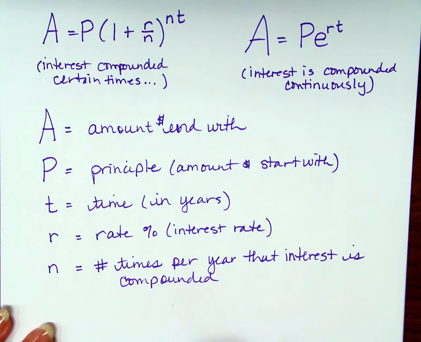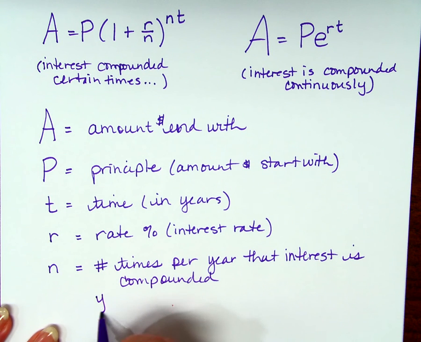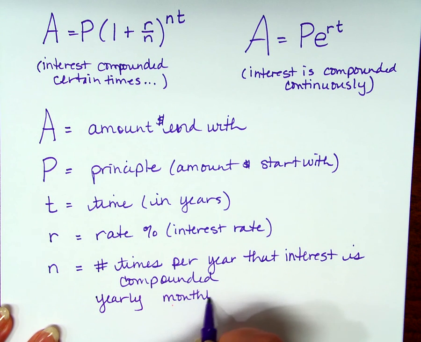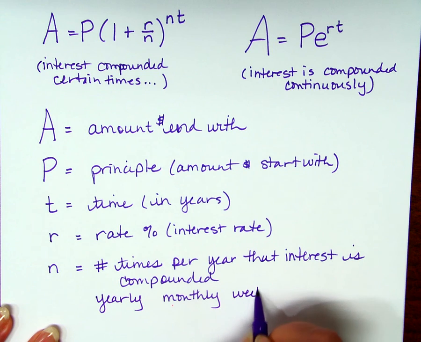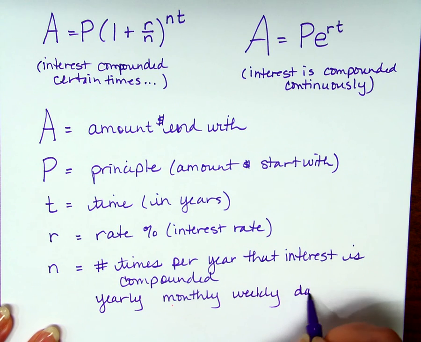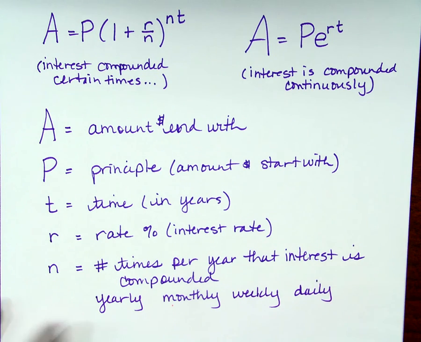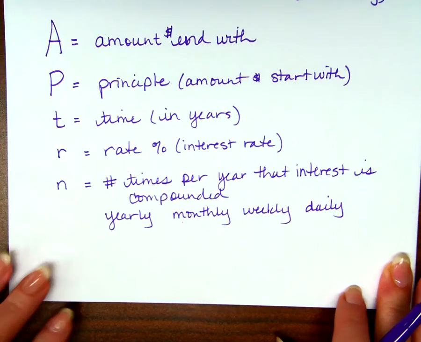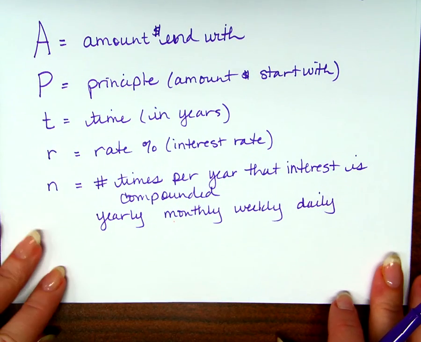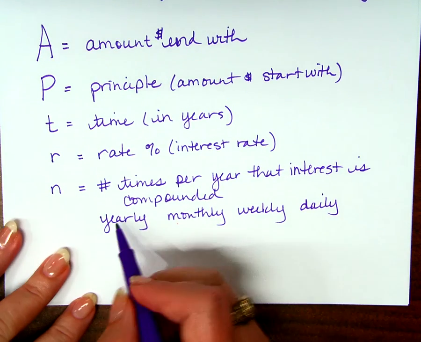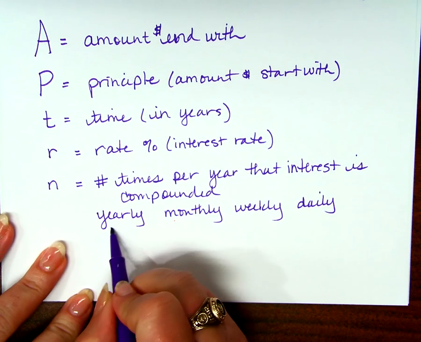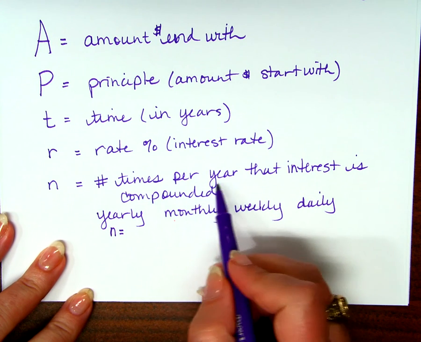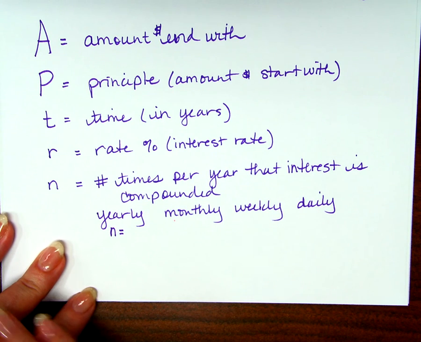Okay, the most popular ones would be yearly, monthly, weekly, and daily. Yearly, monthly, weekly, and daily are the most common. I'm not saying that there aren't other ones, but these are the most common. If we're dealing with yearly, what is N? If it's the number of times per year that the interest is compounded. 1.